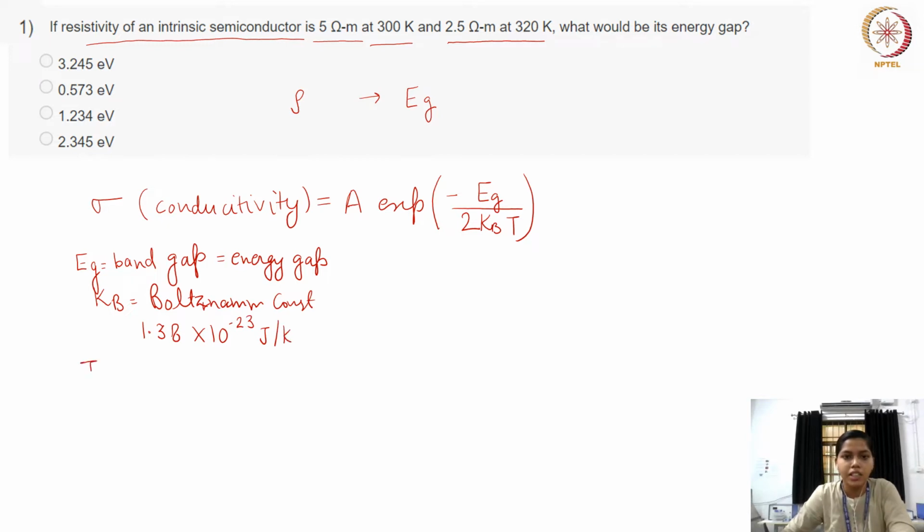And the temperatures they have given you: one is T1, that is 300 Kelvin, and the second temperature is T2, that is 320 Kelvin.